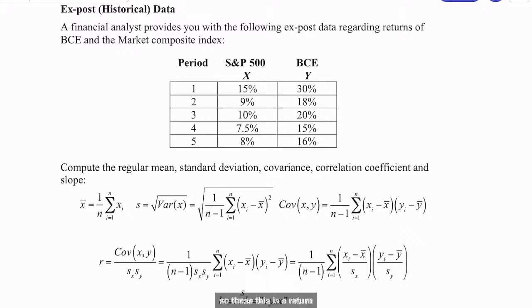So this is the return to a particular stock. And this is the return on the S&P 500. This is a market index. It tracks the top 500 companies and comes up with a value that it tracks over time. So it keeps tracking the 500 companies, comes up with a return.